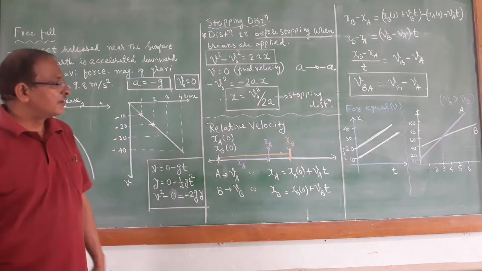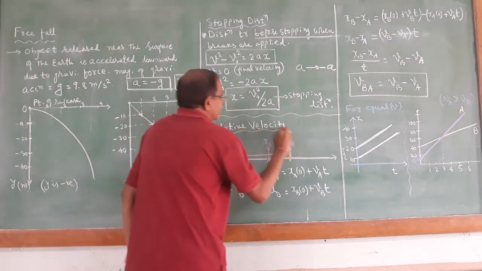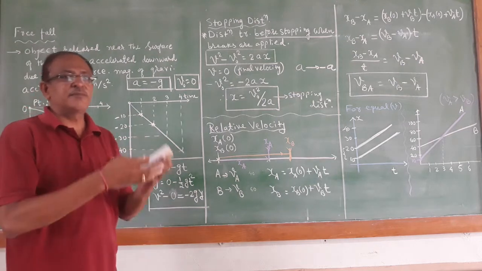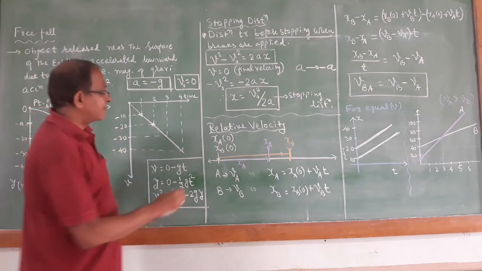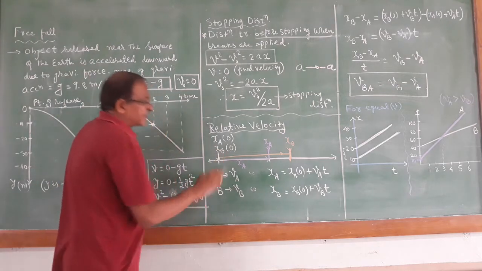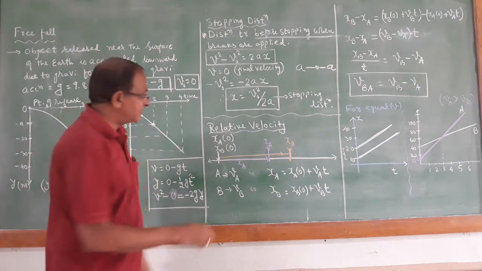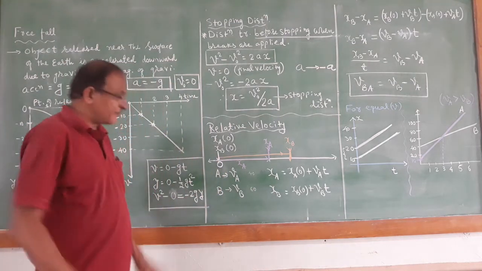Now we move further to relative velocity. Relative velocity is the velocity of an object with respect to the other one. Try to understand, two objects begin their motion from the same position, say 0, 0. Both are together.